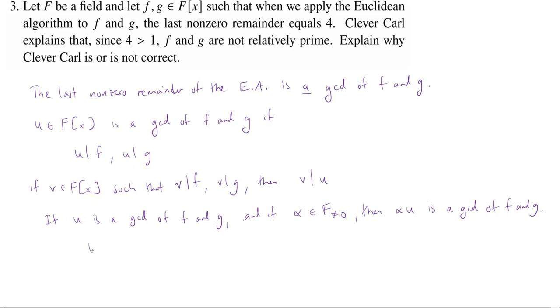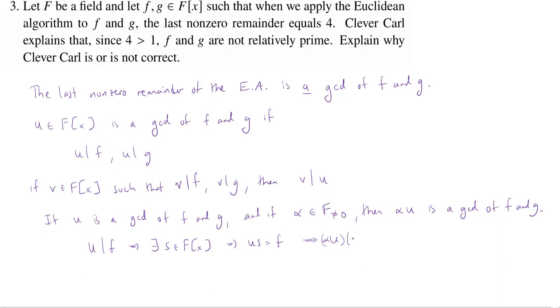So for example, we know that u divides f. That implies that there exists some polynomial, let's call it s, such that us is equal to f. But what if I take u alpha, or alpha u? What can I multiply that by and get f?